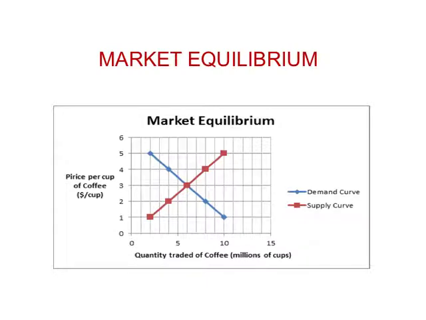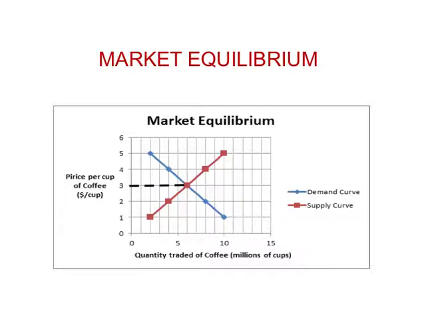Now here is the diagram that we have used in the previous lecture, and we know wherever demand and supply curves intersect, we have equilibrium, and this is that point. You bring this point to the vertical axis, you have determined price at equilibrium, which will be $3.